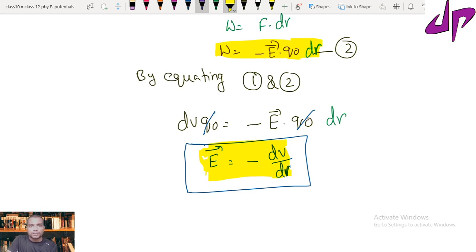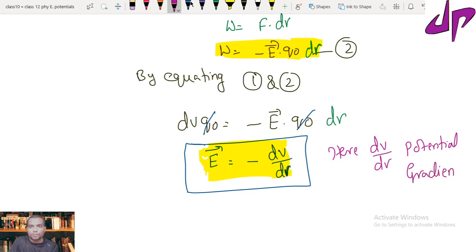So here we need to learn certain language. dV by dr is known as potential gradient, strictly electric potential gradient. What does it mean? Potential per unit length.